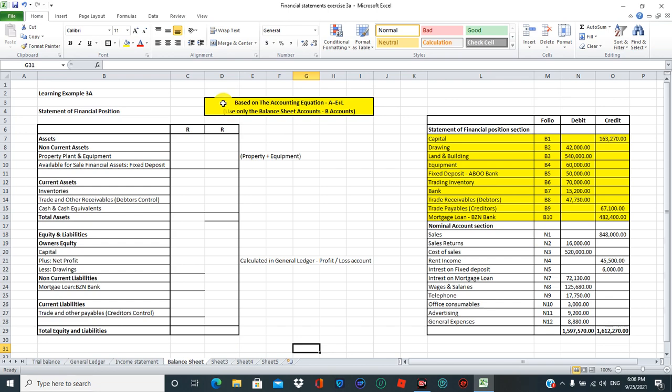Now, just a little note here. The balance sheet is based on the accounting equation, which is your assets equals your equity plus your liability. So in other words, the total of your assets must equal the total of your equity and liabilities.